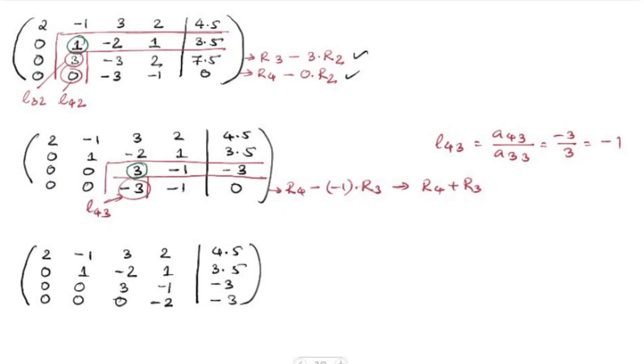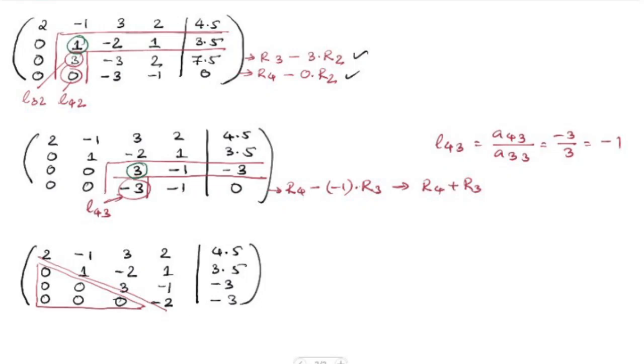Okay, so now if you look below the diagonal elements, all the elements here are zeros, which means that this is already in the form of upper triangular. So this is already the upper triangular matrix.